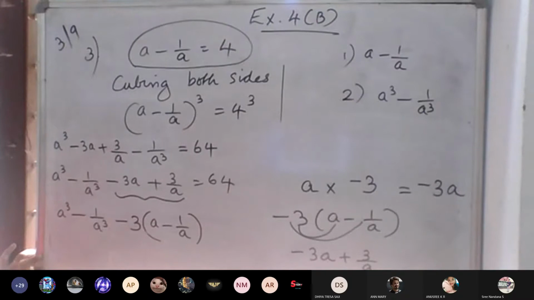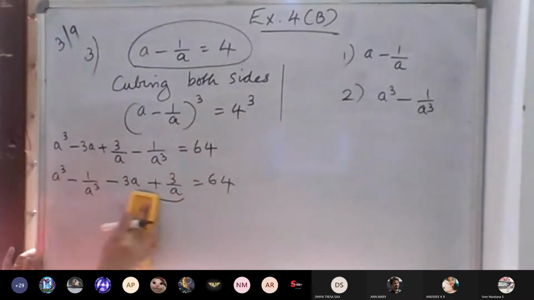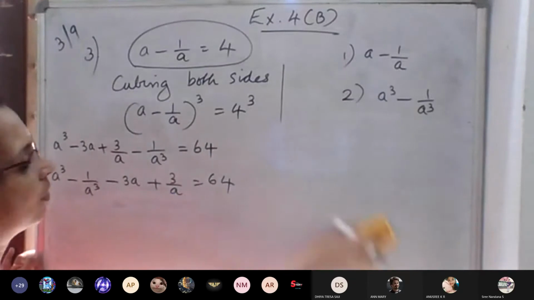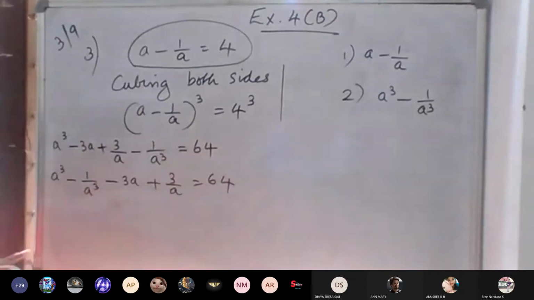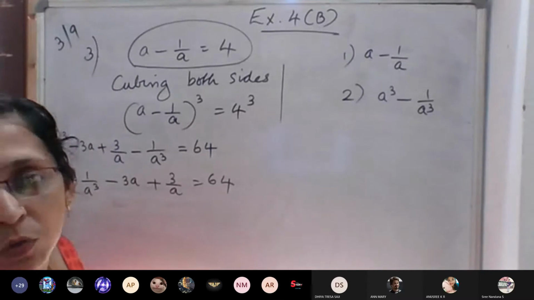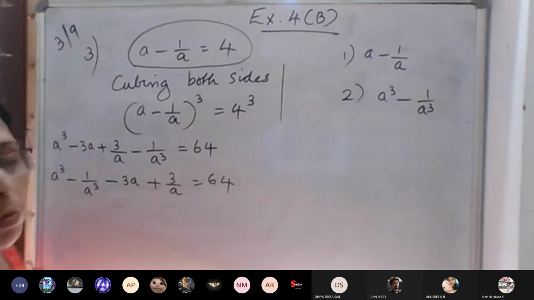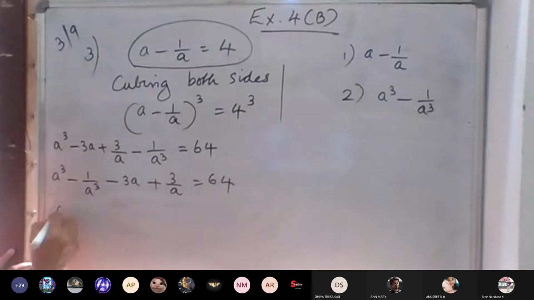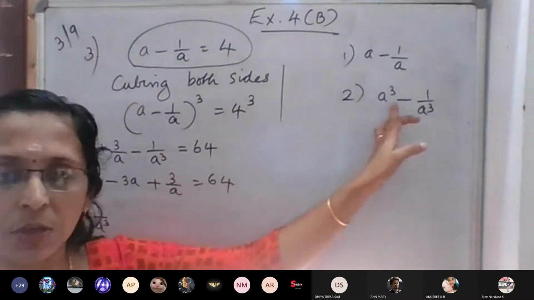So what have we done? Don't write. First, once again, tell me. Let us discuss one or two times, and after that only you write, please. Don't simply copy from the board; you won't get this stuff. What we have to do is find out the value of A cube minus 1 by A cube.